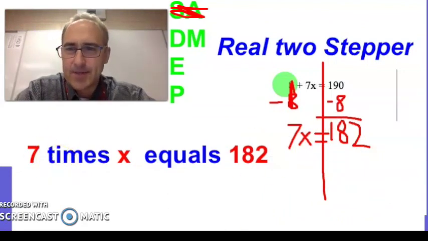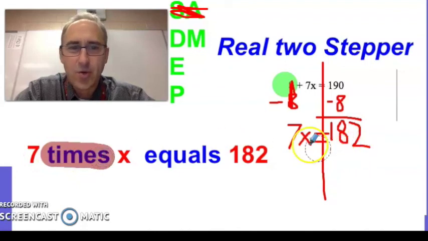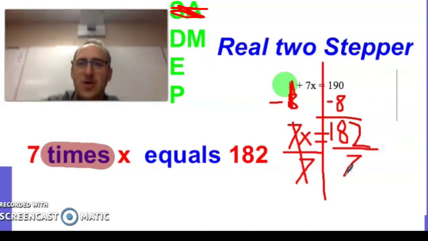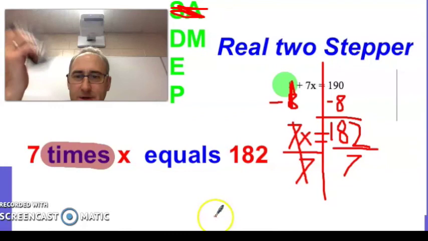It says times. What's the opposite of times? Yes, it is division. We need to divide 7x by 7. Divide 7 on both sides. This cancels and becomes a 1. So x equals 182 divided by 7. Yes, we are all going to use our calculators.